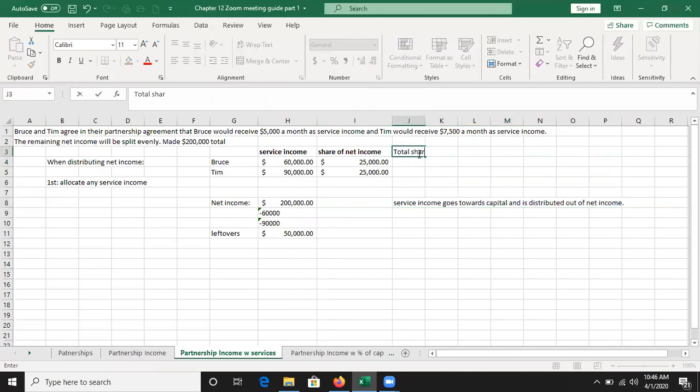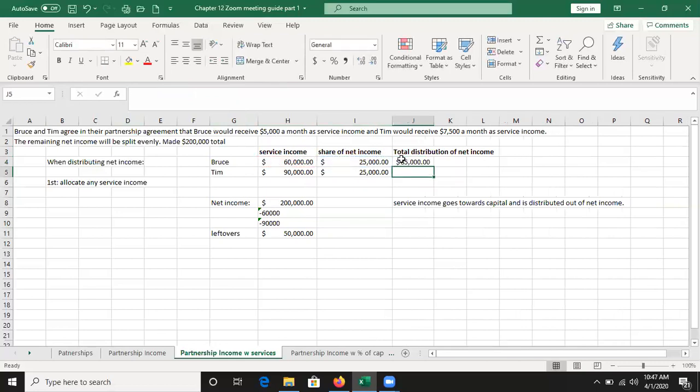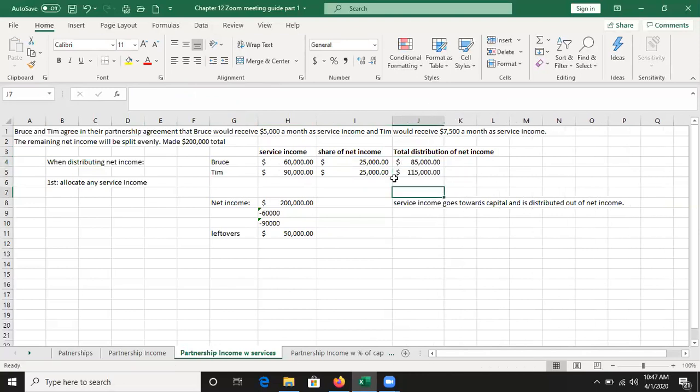Total distribution of net income is going to be their service income plus their share of net income. So it's going to equal this plus this. So Bruce will receive 85,000. Tim will receive 115,000 in this case.